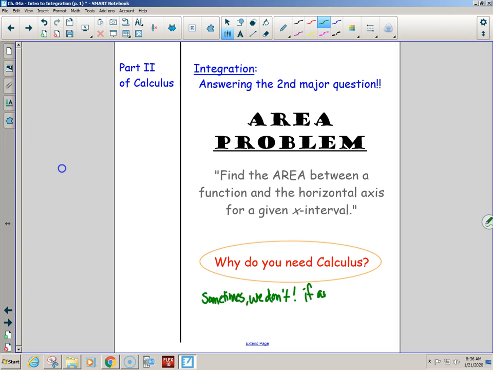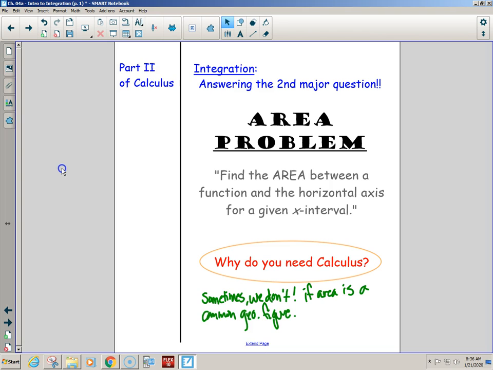If the area is a common geometric figure. Like, what if it's triangular, or trapezoidal, or rectangular? What if it's circular, like a half circle, or a quarter circle? What if it's circular, or even a part of a circle? Sometimes we don't need calculus, to be honest.